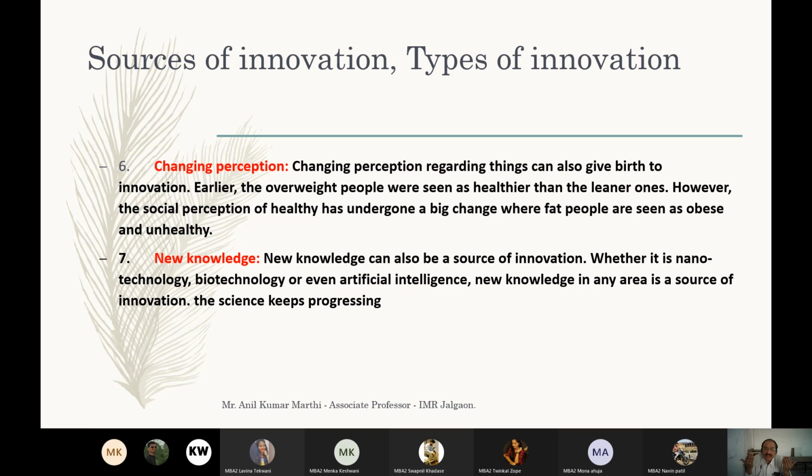See, as a man gets more knowledgeable, as the man develops more maturity, people think of having certain new things or do things in a new way, and that is called new knowledge, and they develop products and services with that. So these are the sources of innovation.